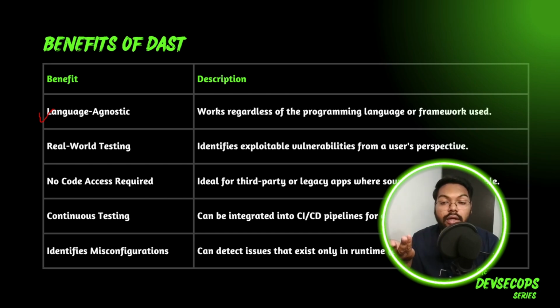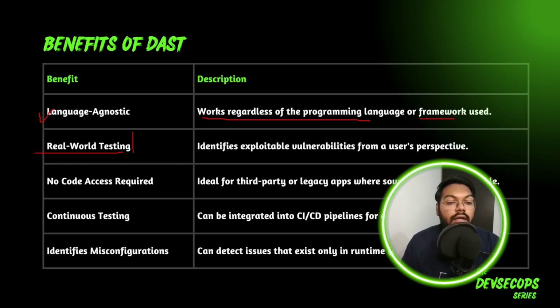But if there is no data about a certain different language or new language, then how would you test that? That's why DAST performs directly on the served or running application. It does not care what language you are using in the backend. It would just test your output and the responses, and it's done. So it works regardless of the programming languages or frameworks used.